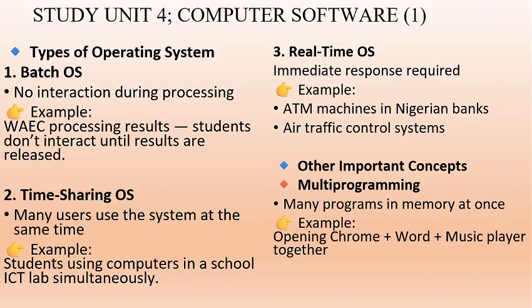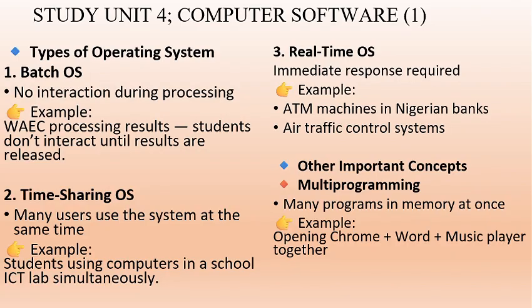Even if you send another job, maybe you want to print a course material, you sent it already, then you want to print two more pages and you want those two pages to come out before the course material, it is not possible. The course material must finish printing first before the other two pages that you sent will come out. This tells you that there is no interaction during processing.